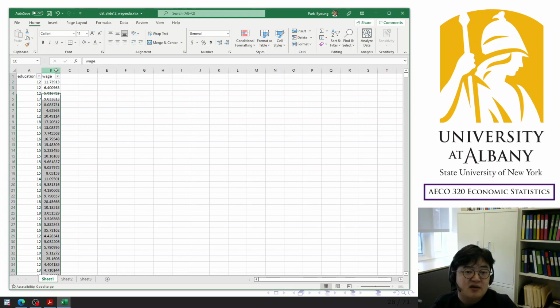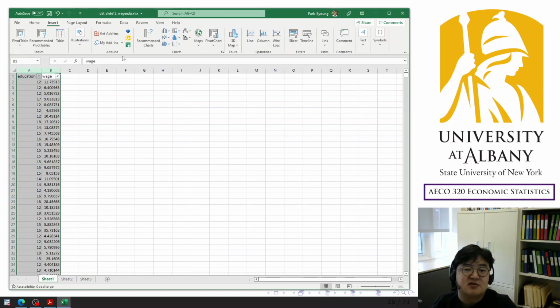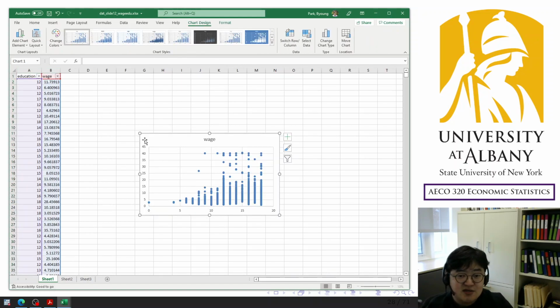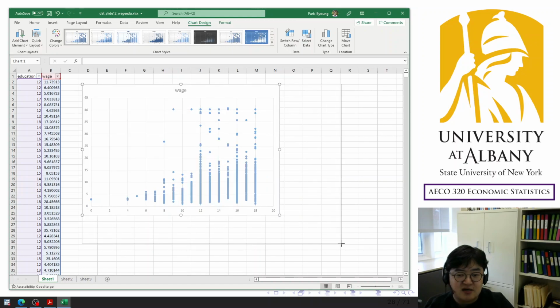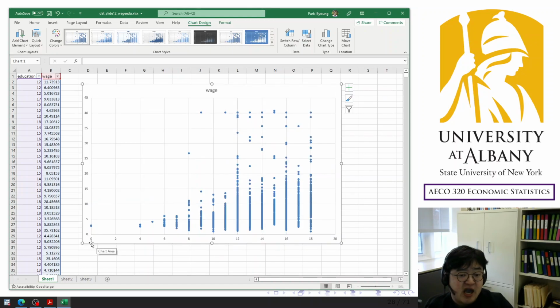Let me show you the scatter plot first. The scatter plot looks like this. It is not clear what's going on because the X variable, the education variable, is collected only at integers. Of course, 12.1 years is not possible in our observation.